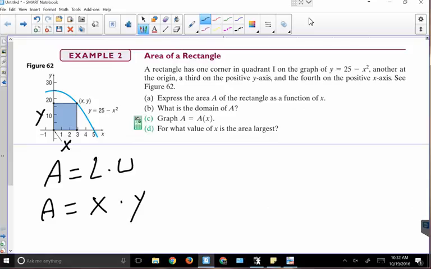But do I have a way of identifying what y is going to be? Because this point here is going to be moving up and down on this graph.